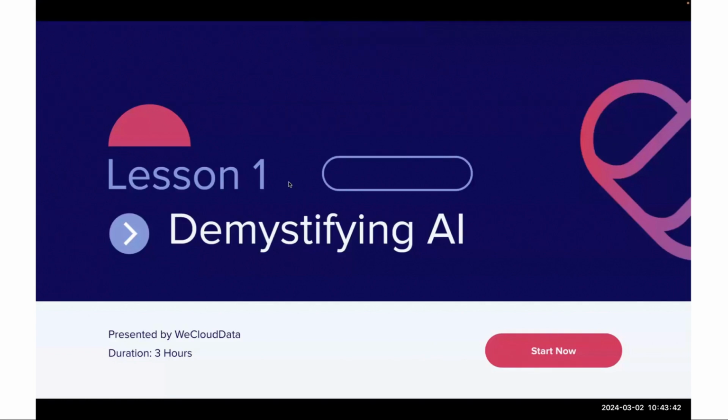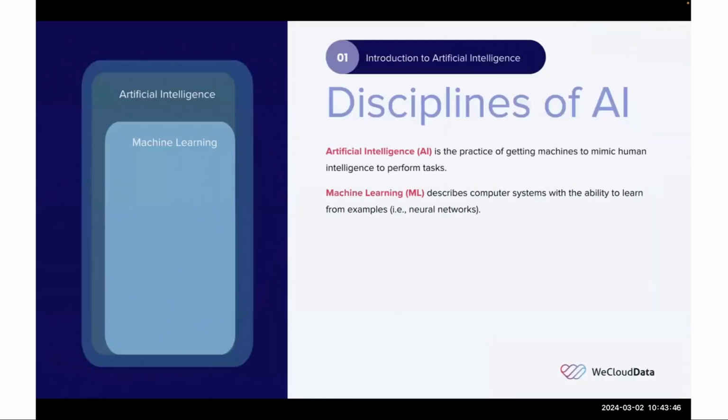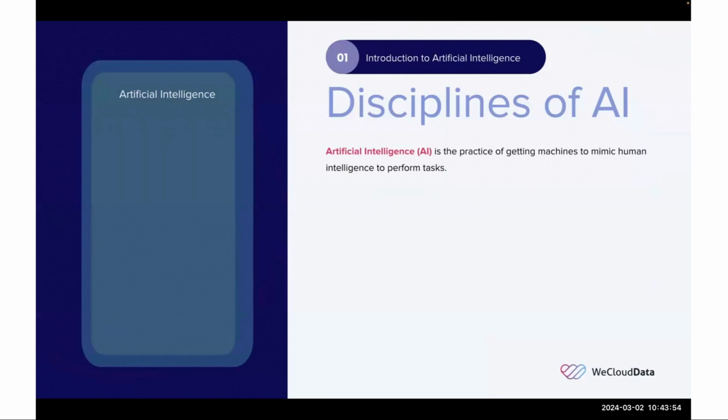Lesson 1, let's demystify AI, okay? First of all, I think AI, machine learning, deep learning is sometimes kind of confusing. Right? I think our data science students will know this better. First of all, AI is broader. It's usually tied to an industry or very specific use cases like AI in healthcare, AI in robotics, AI in manufacturing, and whatever.